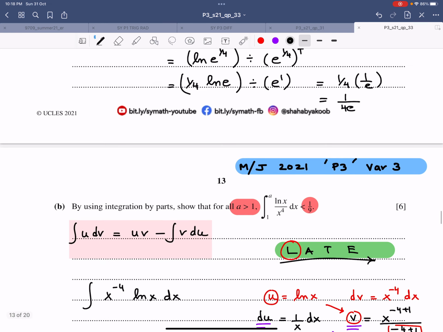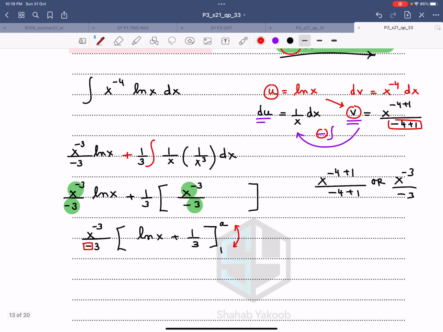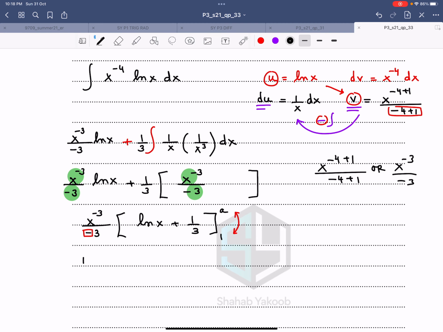And now what are the limits? The limits are 1 and a. A is a number greater than 1. So this is 1 and a. Now first of all, get rid of this negative sign by changing their positions. The lower limit becomes the upper limit and vice versa. So therefore this is 1 over 3 x cube, and this is ln x plus 1/3, and this a goes down and 1 goes up.